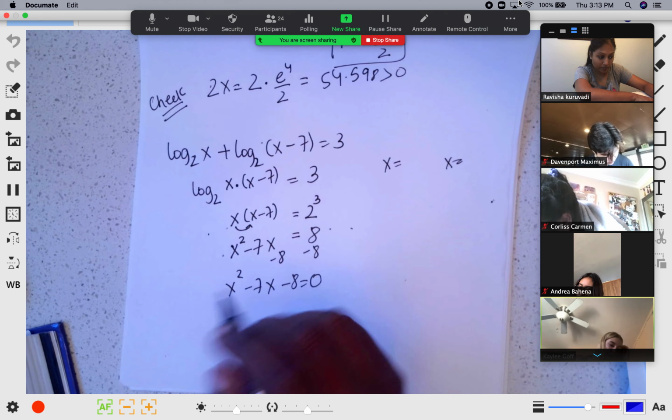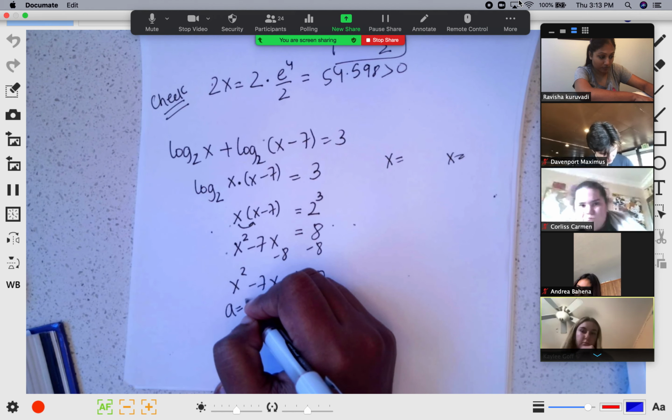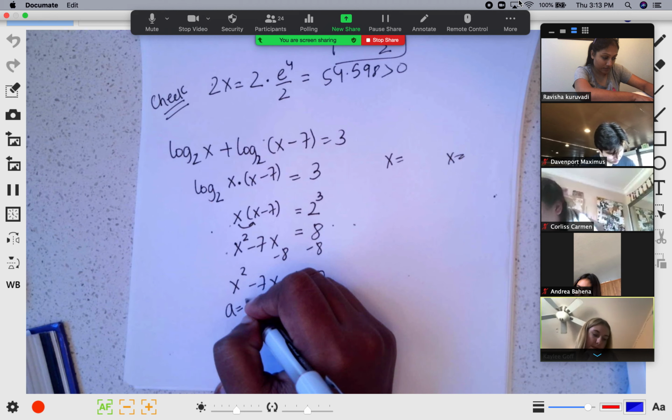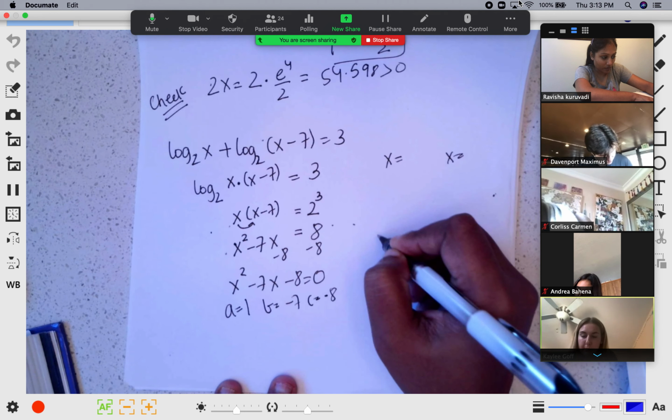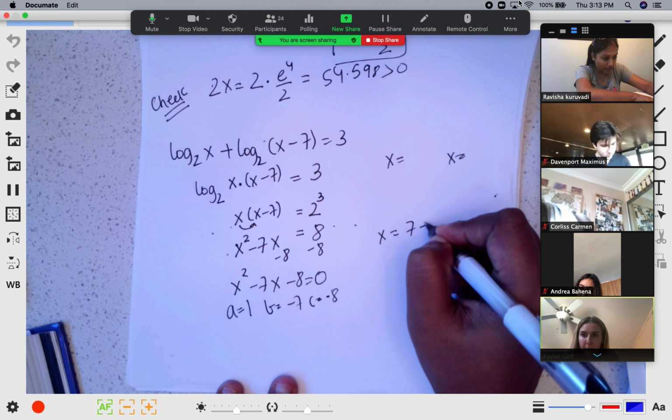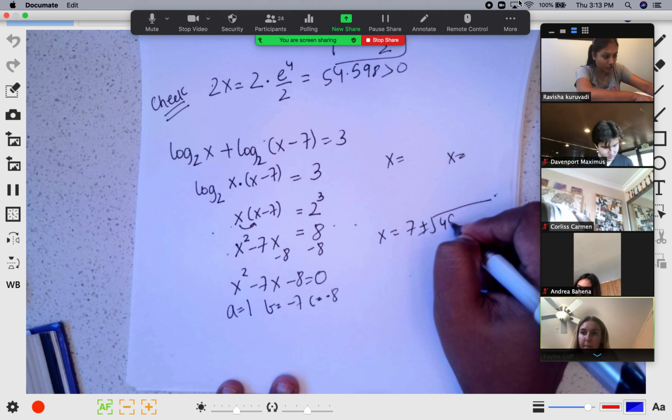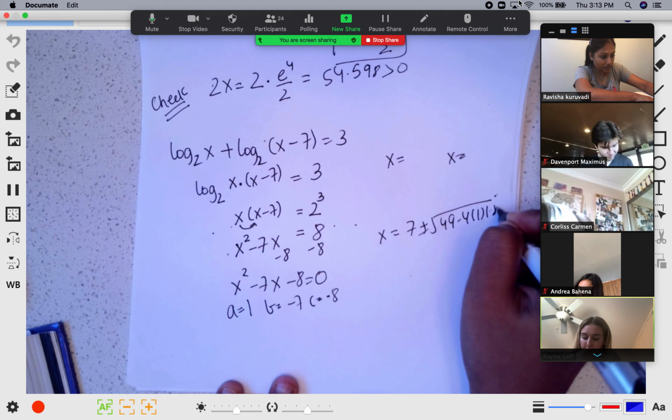Okay, let's see. What's your A? My A is 1. B is? -7. And C is? -8. So you get x is equal to 7 plus or minus square root of 49 minus 4ac over 2a.